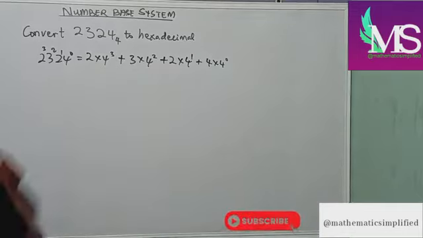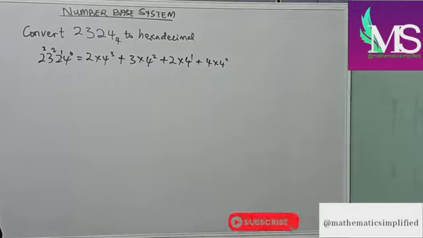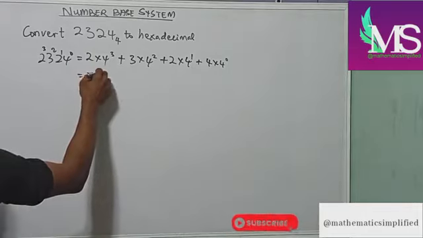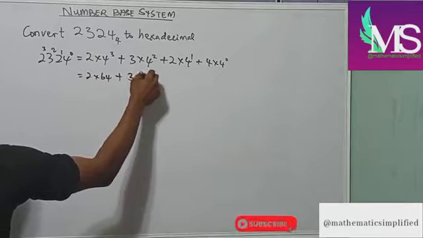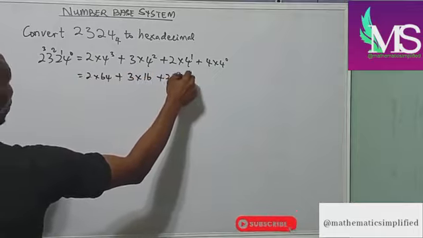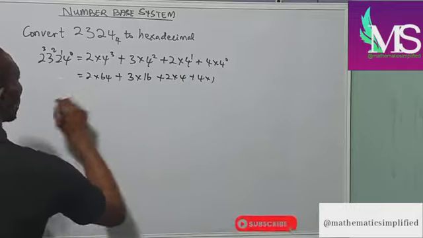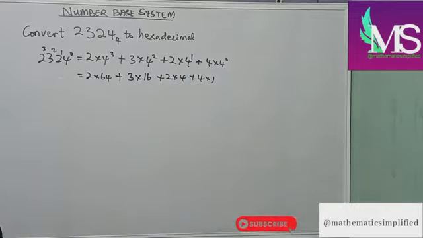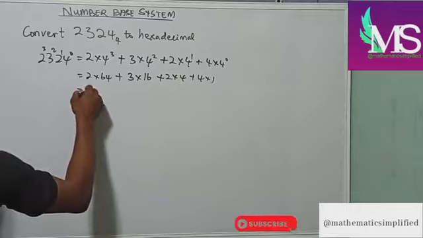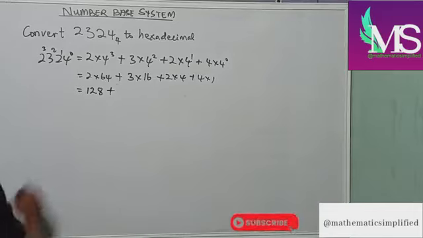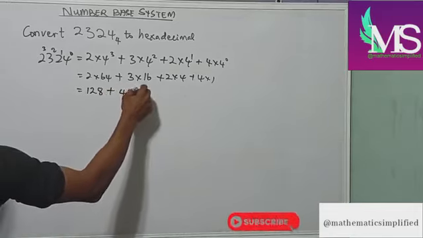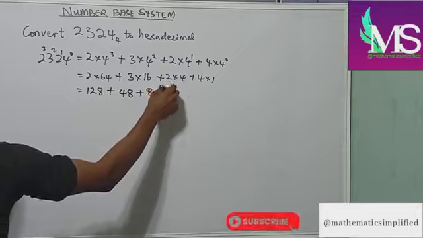Okay, so 4 raised to the power 3 will give us 4 times 4 times 4, that's 64, plus 3 times 16 plus 2 times 4 plus 4 times 1. Now 2 times 64 will give us 128 plus 16 times 3 will give us 48 plus 8 plus 4.